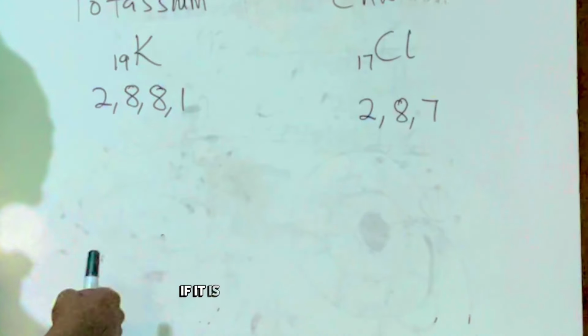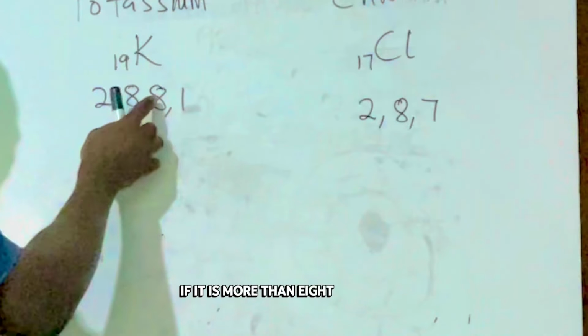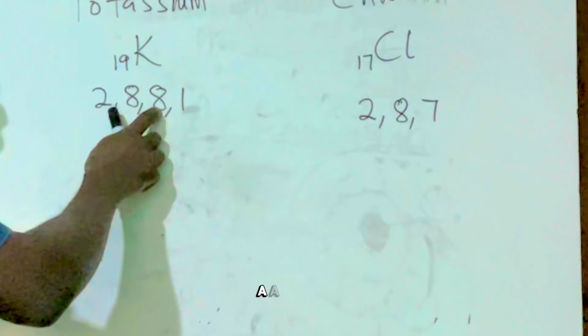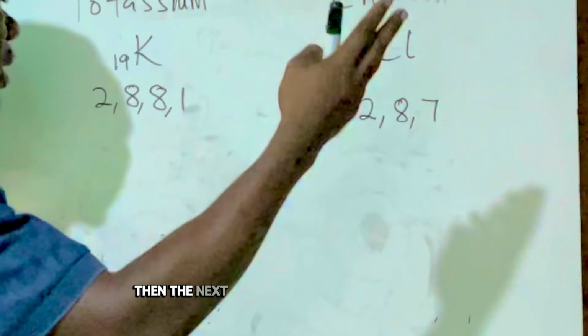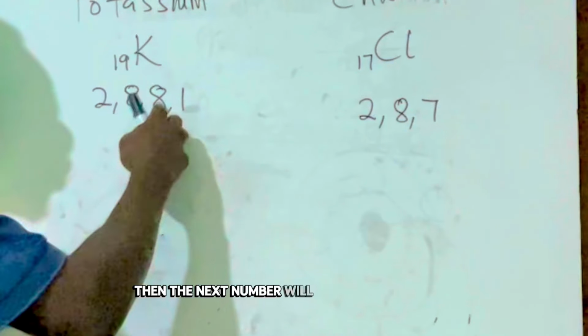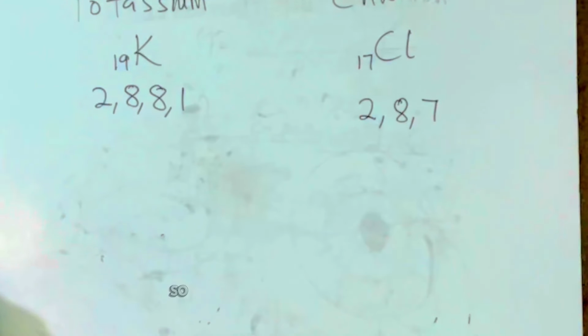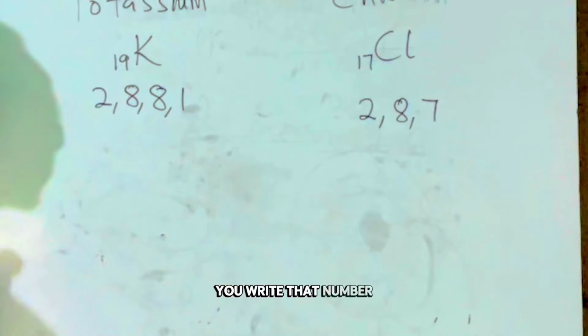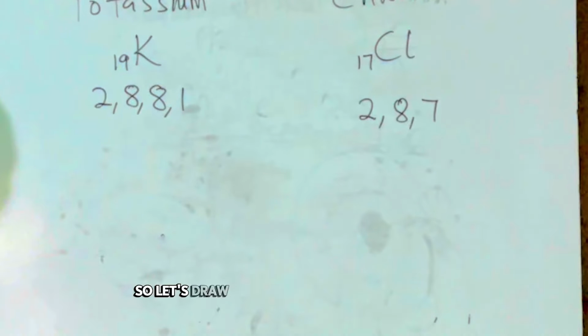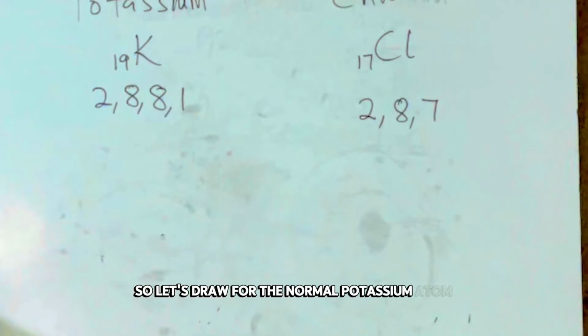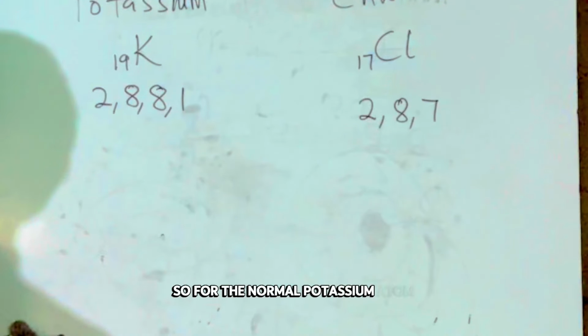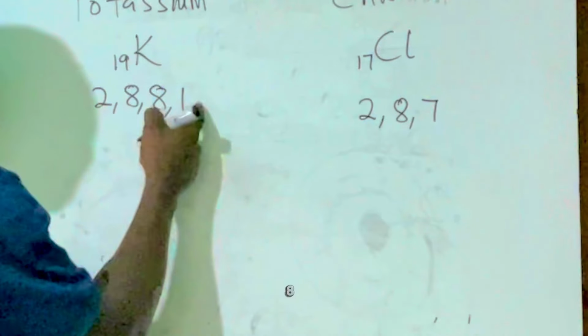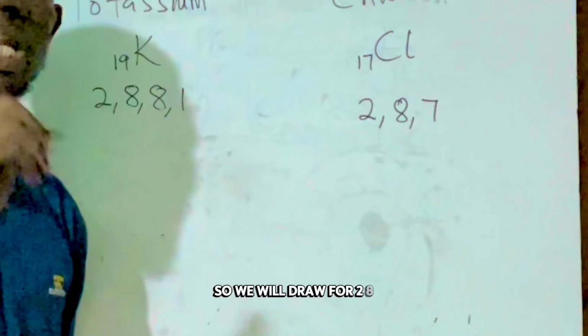If it is more than 8, you give 8 to this shell, then the next number will be on the next shell. If it is less, then you leave it, you write that number. So let's draw for the normal potassium atom. For the normal potassium atom, you're going to get 2, 8, 8, 1. So we will draw for 2, 8, 8, 1.